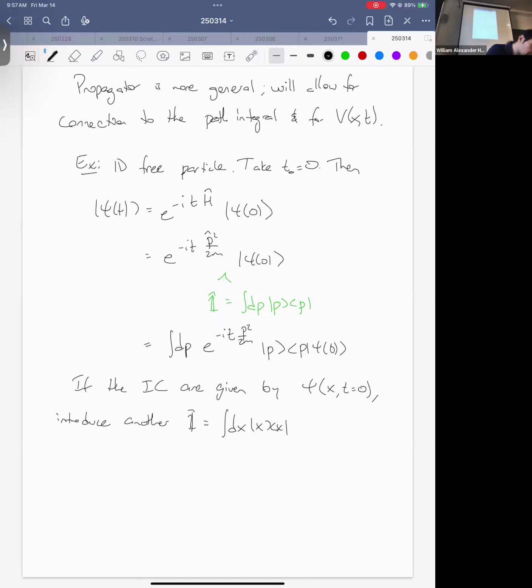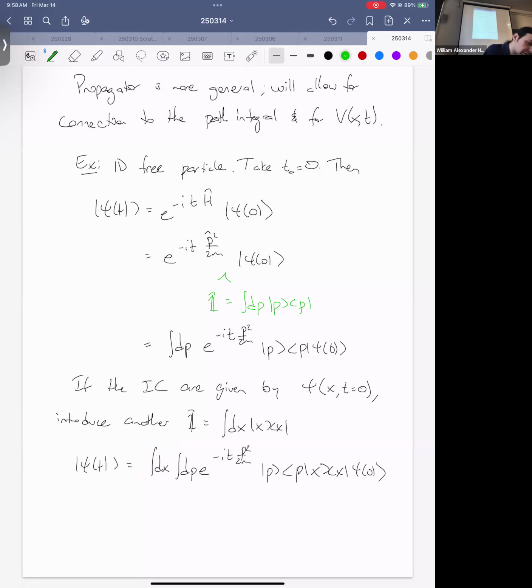All right, so therefore this psi of t is an integral dp e to the minus i t p squared over 2m, momentum operator, outer product of x, and I've got an integral over x on the left-hand side, which I've neglected just because I forgot it. And then I've got my psi of 0. Perfect.